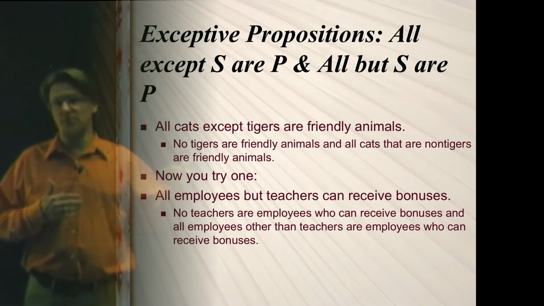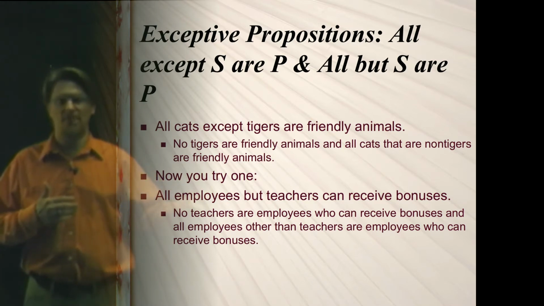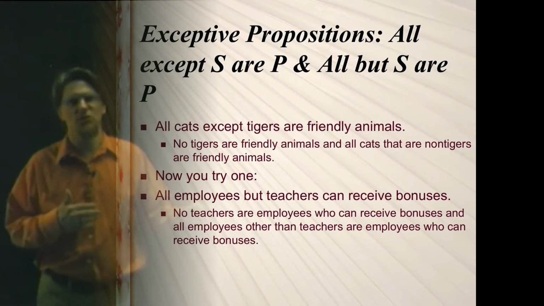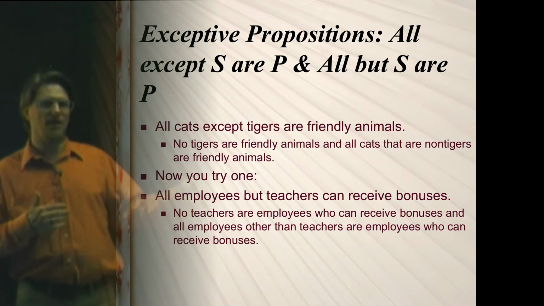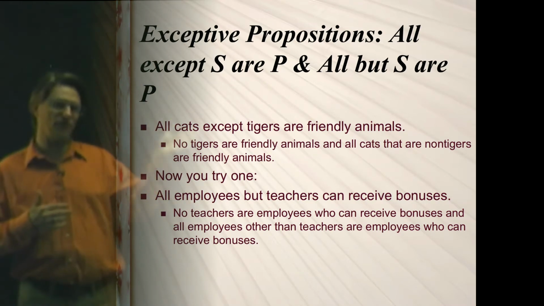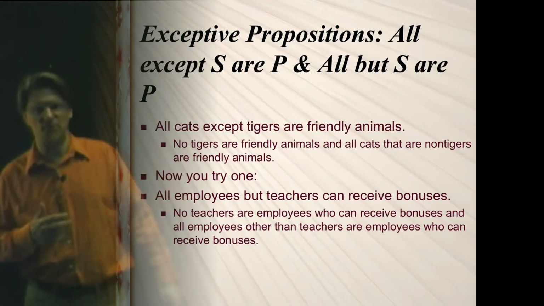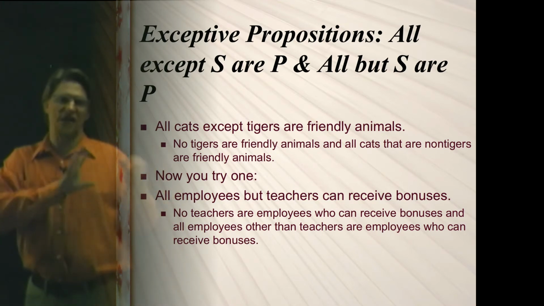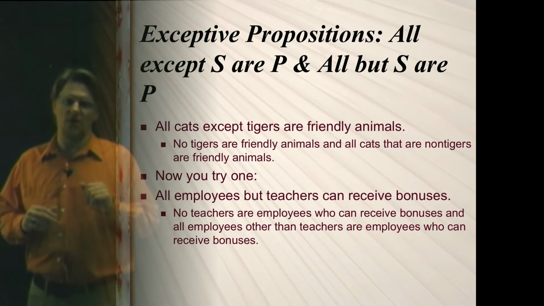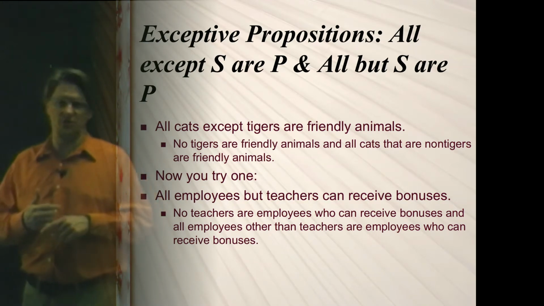But anyway, all employees other than teachers are employees who can receive bonuses. So what you want to notice here is we got the same predicate term in each of these, as we did in the first example: friendly animals and then friendly animals, employees who can receive bonuses and employees who can receive bonuses as well. But hopefully, if you have these as good examples as a model, you'll be able to do that kind of translation on the exam should it occur.